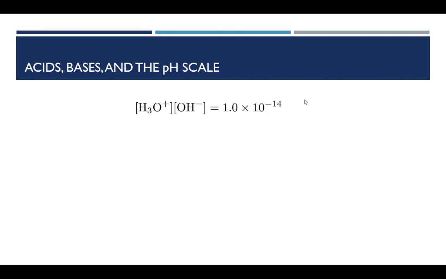This number is a fundamental constant that we call Kw. It turns out that when water is left to sit, a very small number of water molecules will react with other water molecules. The two water molecules react to form a single hydronium ion and a single hydroxide ion.